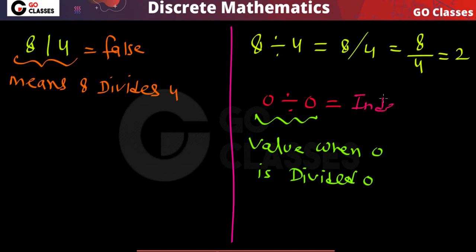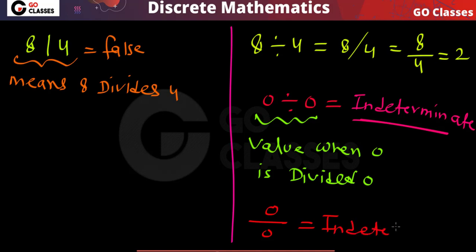When 0 is divided by 0, the value you will get is indeterminate. But now remember, can I say 0 divides 0?